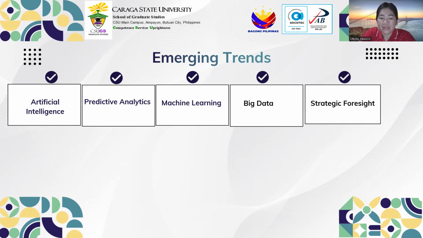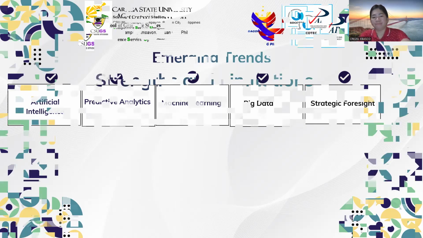Moreover, big data allows organizations to analyze information in real time. Strategic foresight integrates human expertise and advanced analytics to create adaptive long-term planning systems. Educational institutions are increasingly adopting these technologies to support strategic decision making.